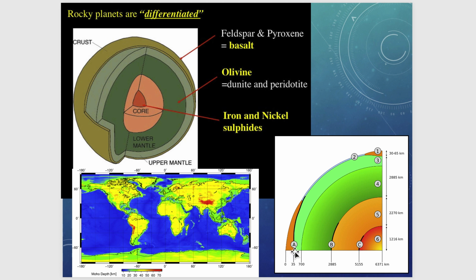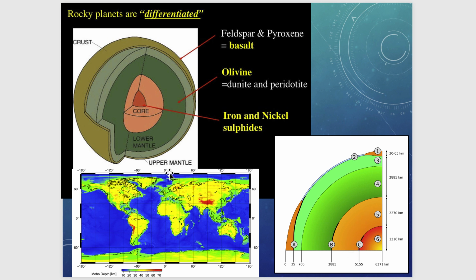This is the upper crust, and then we have a lower crust, and then the mantle, which can also be subdivided into upper and lower mantle, and then you have the outer core and inner core. So pretty much halfway from the center we start to get into the outer core.